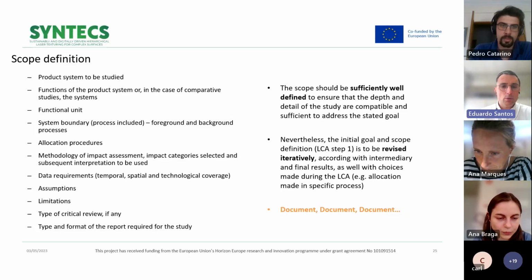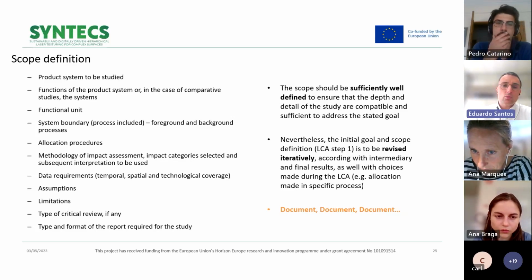So with foreground and background processes. We also have to consider what information is within the foreground, so within the context of the processes that are immediately connected with the product system, or those that are running in the background. Although they are not related directly with the product system, they are working and they are influencing.